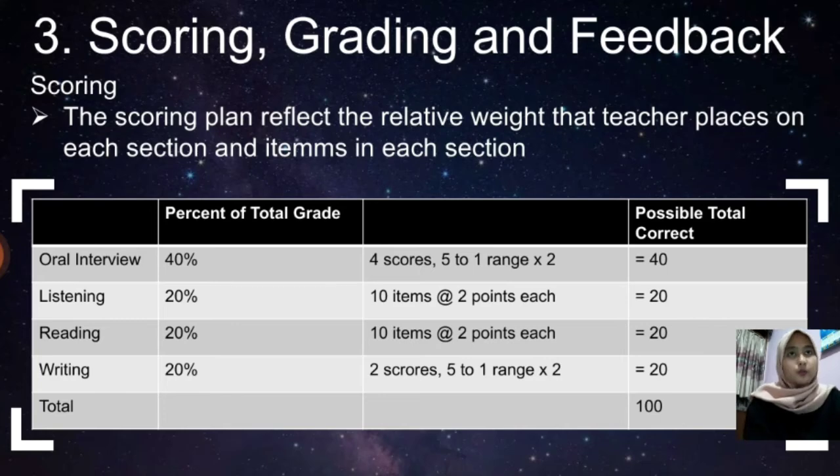Reading: percent of total grade is 20%, and then 10 items, 2 points each, possible total correct is 20. And the last, writing: percent of total grade is 20%, and score 5 to 1 range times 2, possible total correct is 20. And the total is 100.